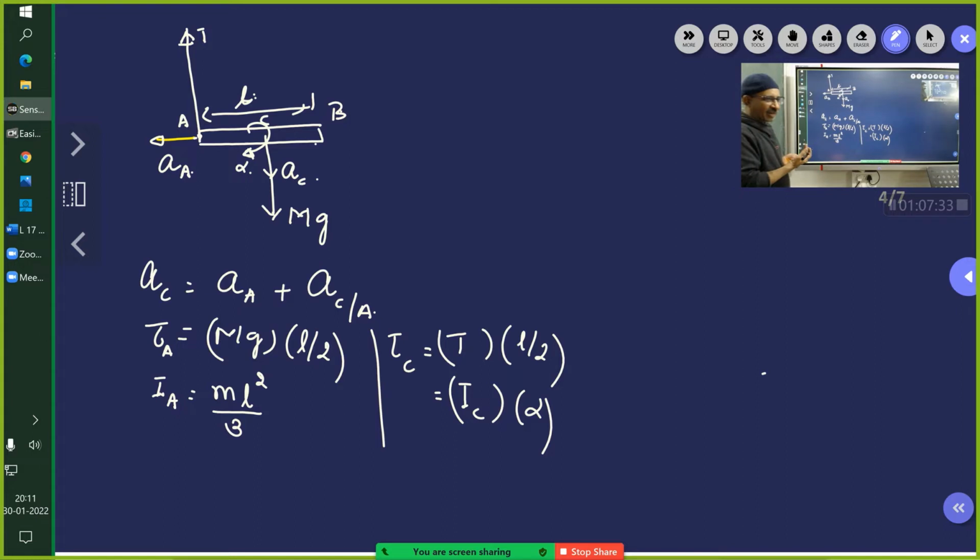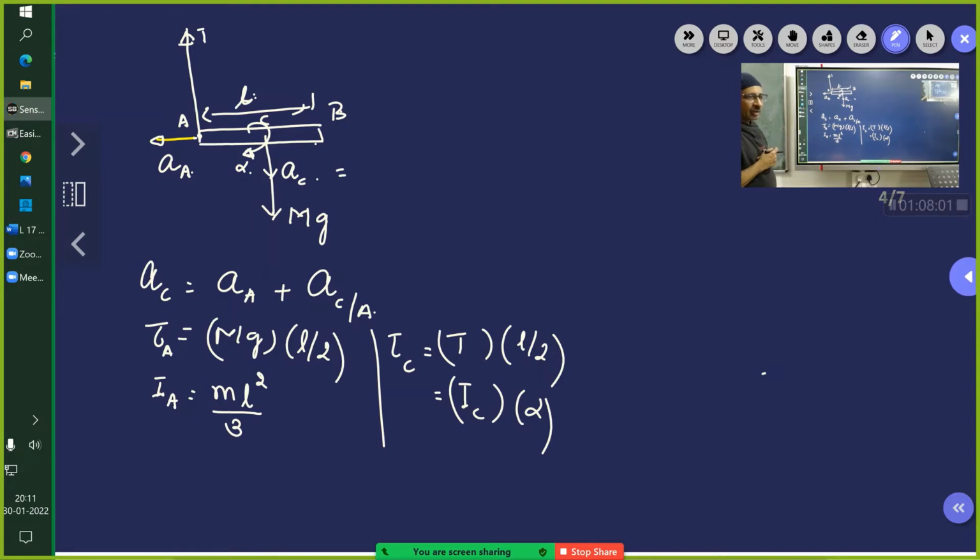We have discussed this earlier; same here. See, because if this rotates, then this AC will have two components. One is tangential, one is towards the center.